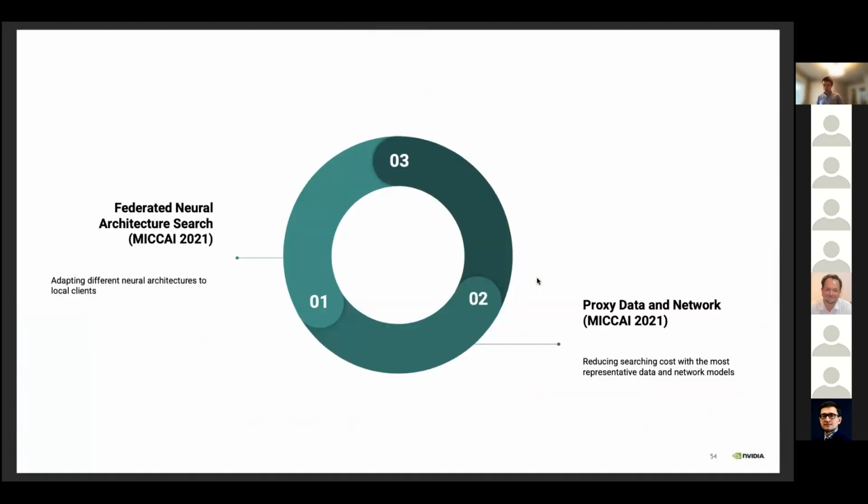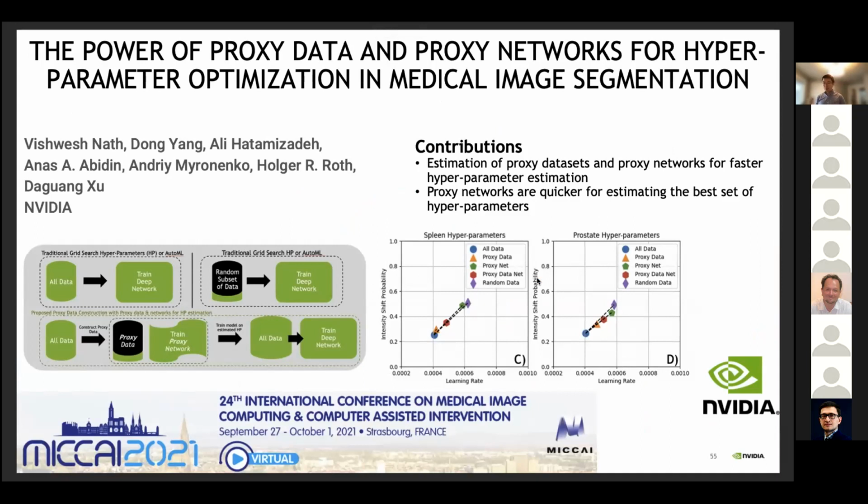Another work from last year's MICCAI is about a proxy data set and a proxy network. The concept of proxy here is because regular AutoML or neural architecture search algorithms take a lot of time to train. Normally you need to train thousands of instances or training jobs to achieve a very robust searching outcome.